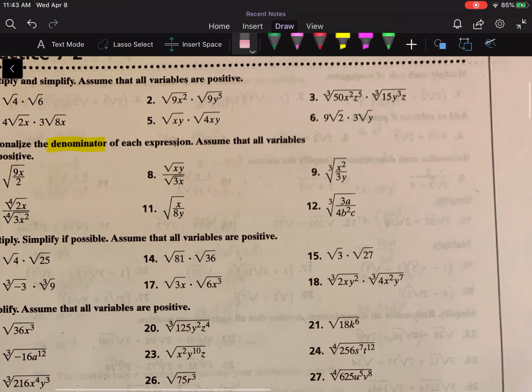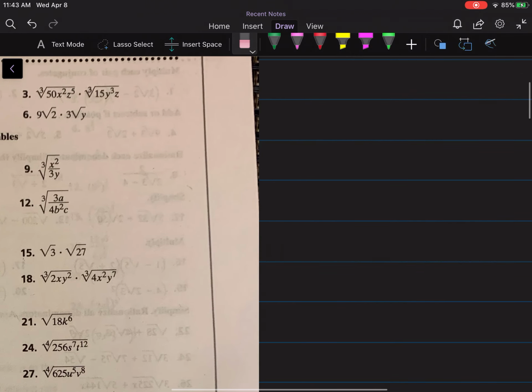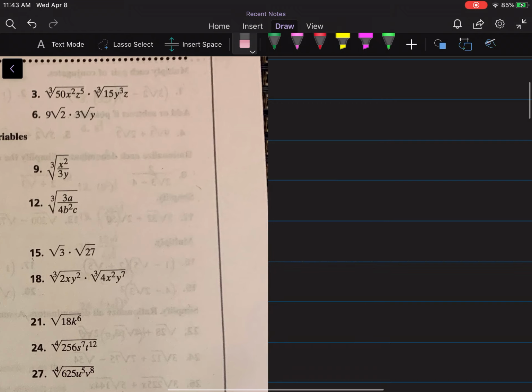Let's go ahead and look at number 9. I'm going to write it individually: the cube root of x squared divided by the cube root of 3y. So I'm going to multiply both by the cube root of 3y.